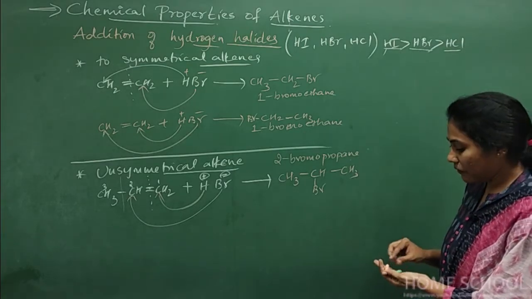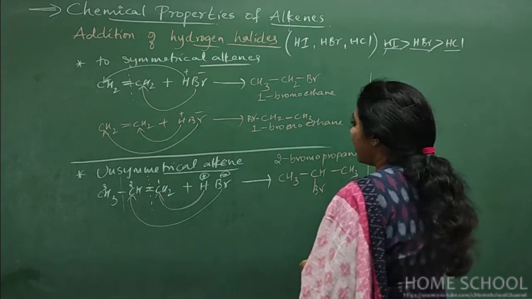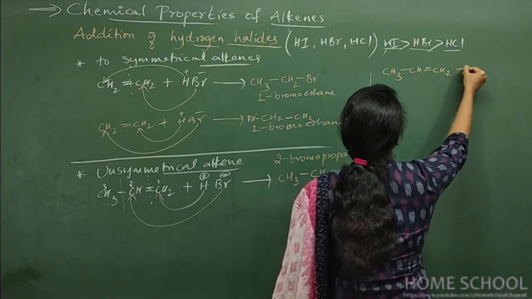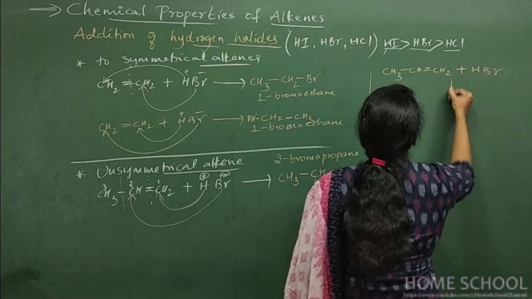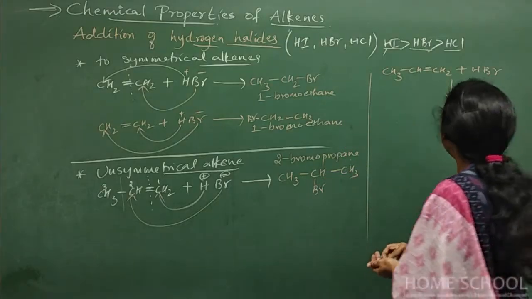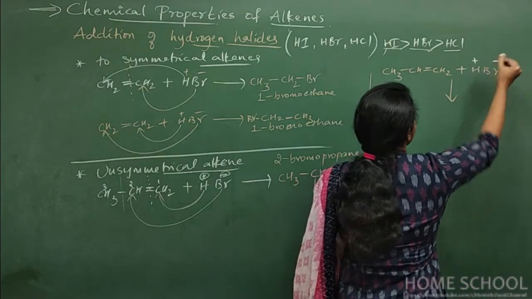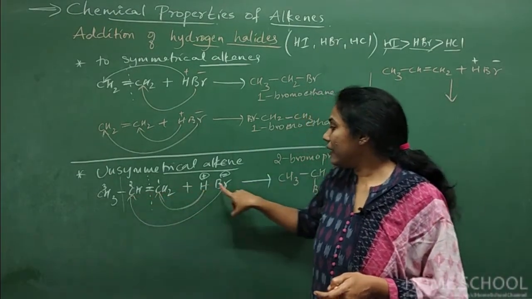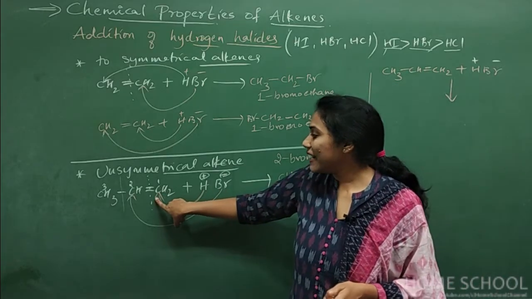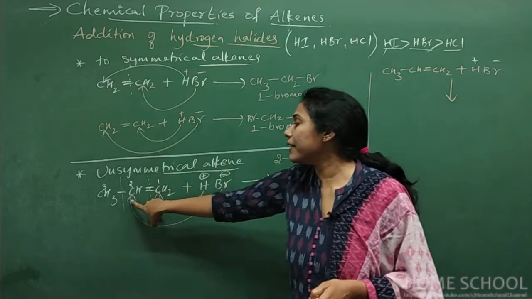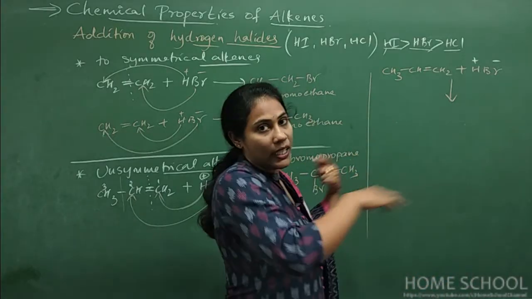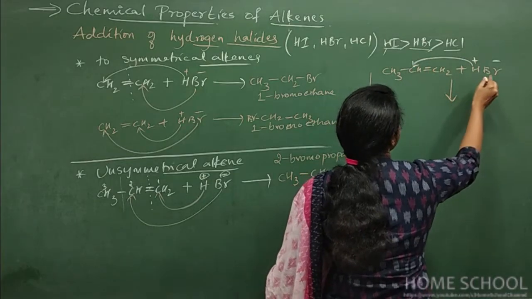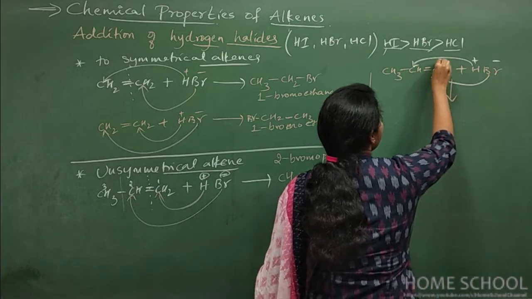But observe the other way of addition. See, CH3, CH double bond CH2. For this I will add HBr. This is the positive part and this is the negative part, right? Here I will do the opposite. The positive part I will add to the second carbon and the negative part I will add to the first carbon.